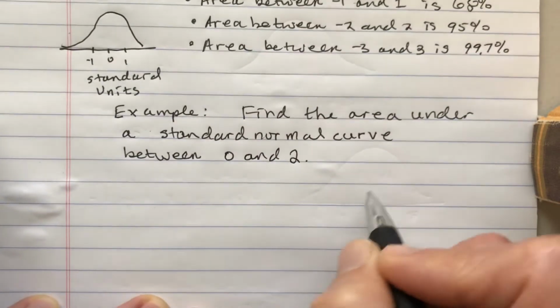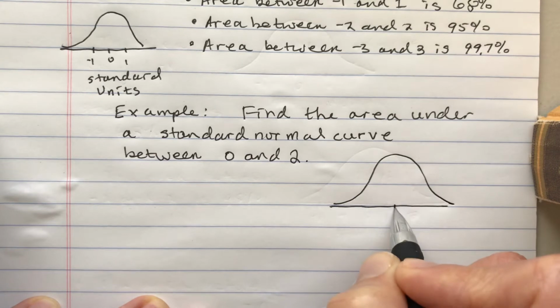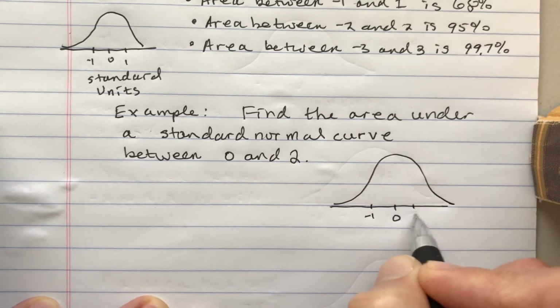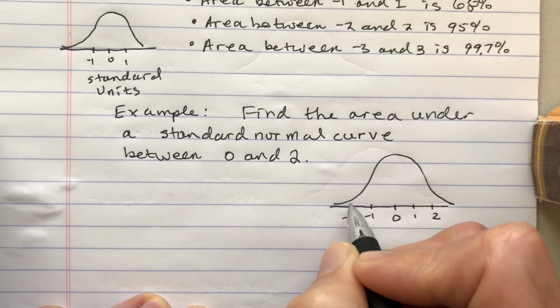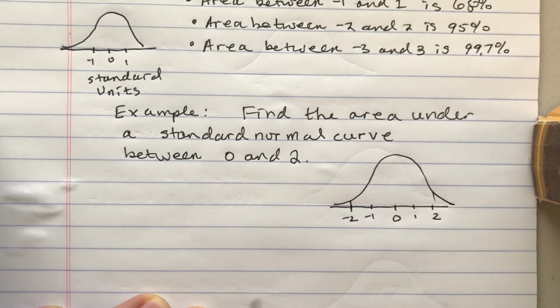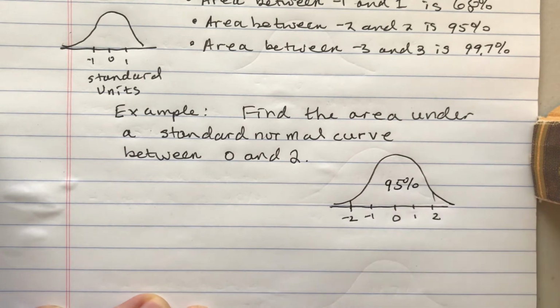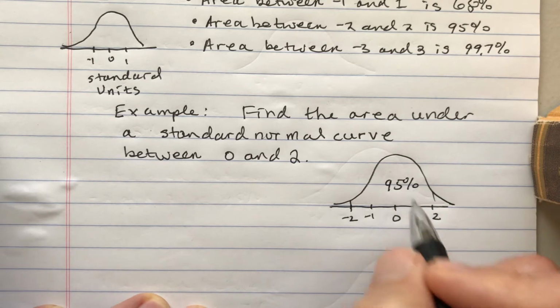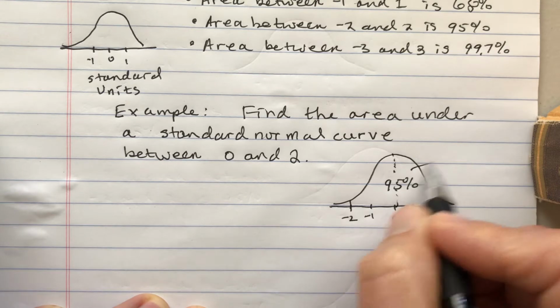Okay, so here's 0, and I'm going to try to use the empirical rule, but use a calculator too. Here's 95% for this whole area between -2 and 2, but I'm going to look at half of that, and I'm going to use symmetry.